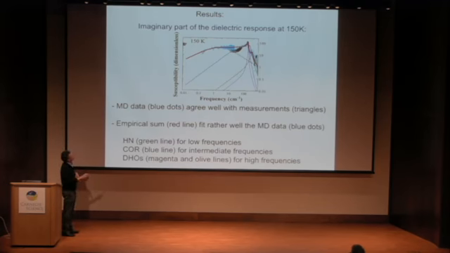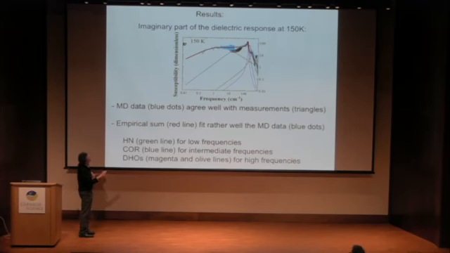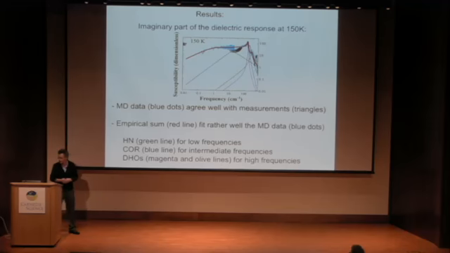For instance, you see the green line here. This is basically coming from these HN functions. It's important at low frequency. You have the COR, which is the blue line here, which is important to describe the spectrum at medium frequency. And if you go to higher frequency, it's basically the phonon parts that you are describing.